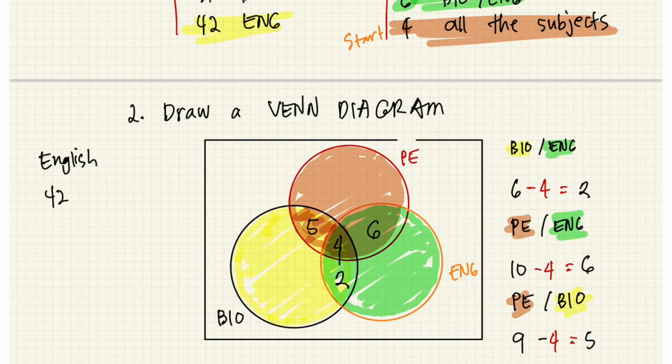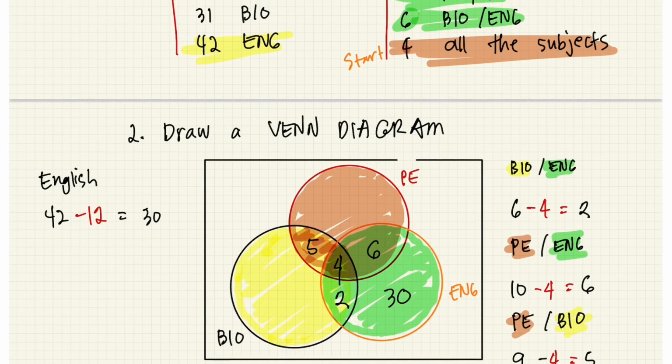Now notice for English, in the green area there are already numbers there, so you have to add the numbers. The answer is 12, so we subtract 12. So the answer is equal to 30. Yes, so here that would be 30. Next would be biology.